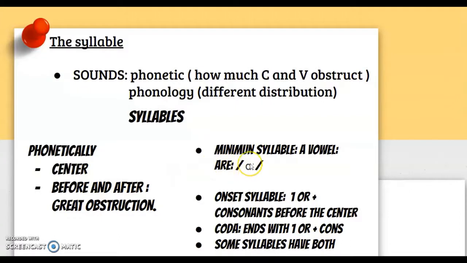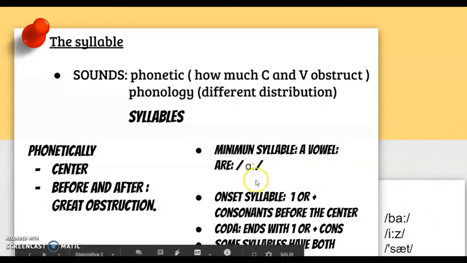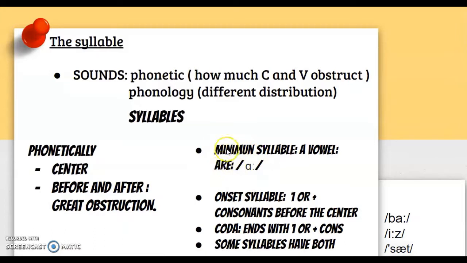So, for example, we call a minimum syllable a single vowel in isolation. For example, the verb to be, are. This is a minimum syllable. It's only one vowel. So we call those words that are formed by only one vowel a minimum syllable.